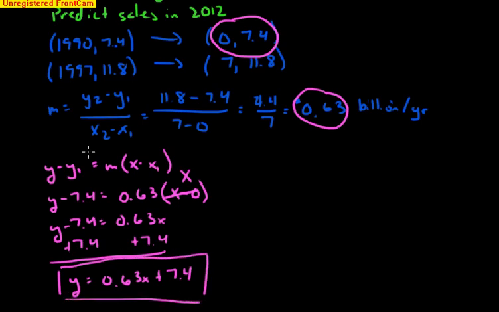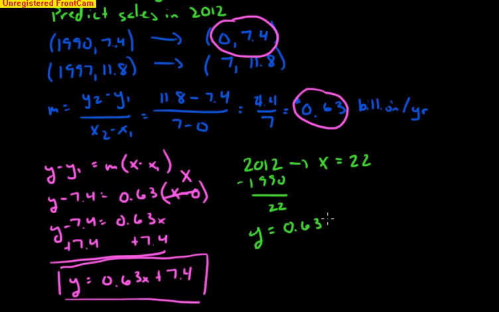So now we just have one more part, predicting the sales in 2012. Well, 2012, what is the x value that corresponds? It has to be from 1990 because 1990 is 0. So if you subtract 1990 from 2012, you will get 22. So we're looking for, when x is 22, what is going to be the sales? So we just plug 22 into our equation.